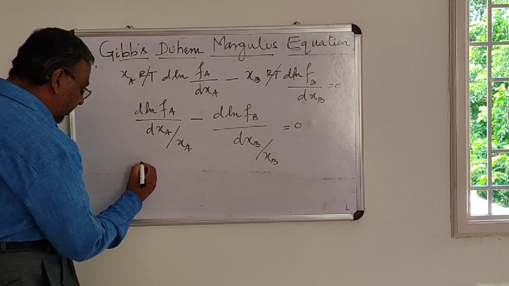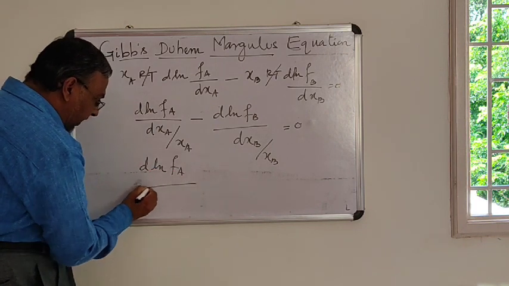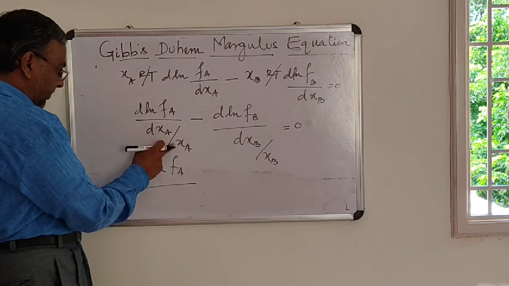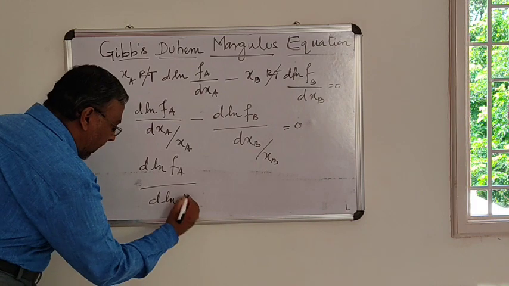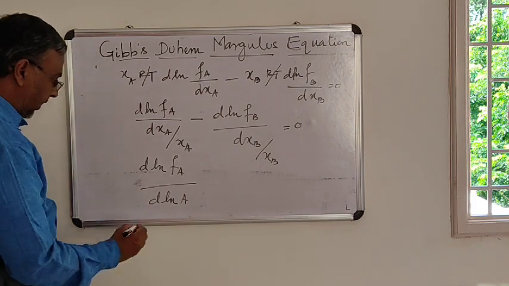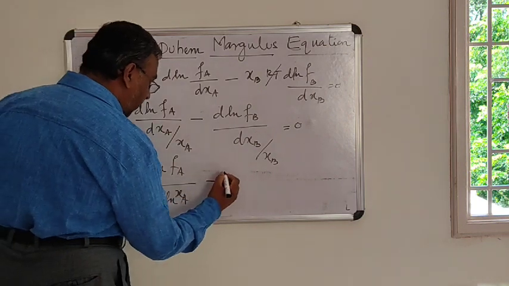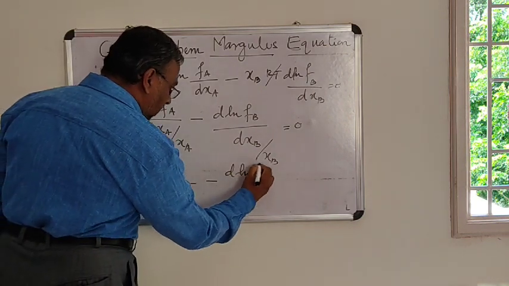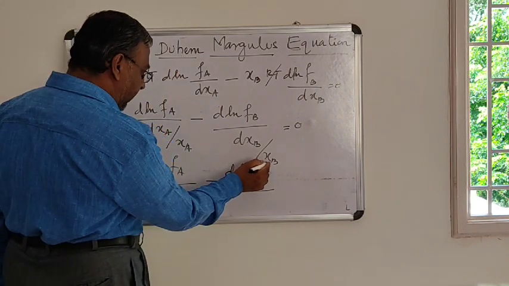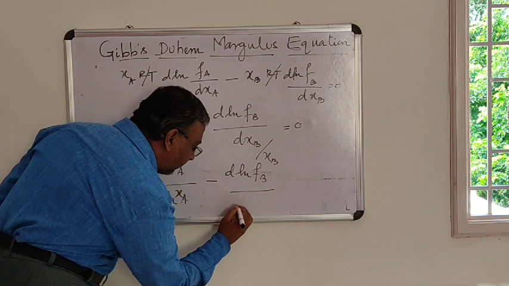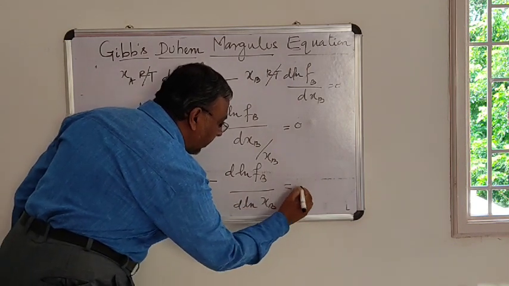Now d log fa divided by dxa by xa can be written as d log xa, minus d log fb divided by dxb by xb, which can be written as d log xb, equal to 0.